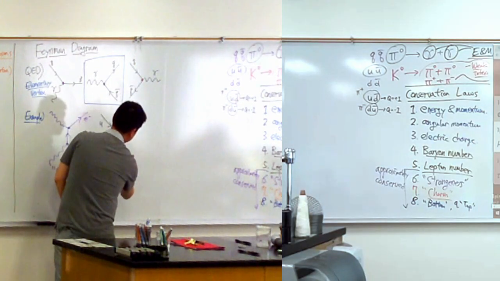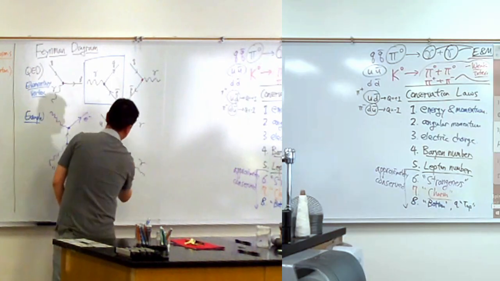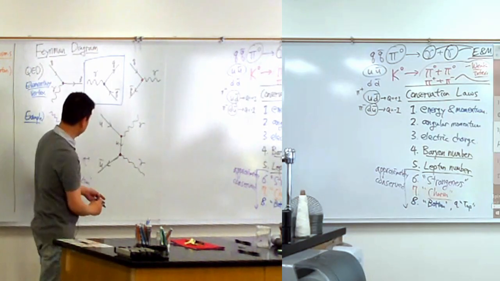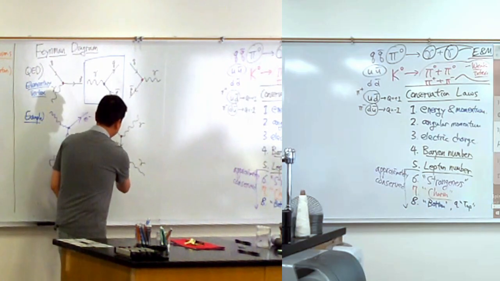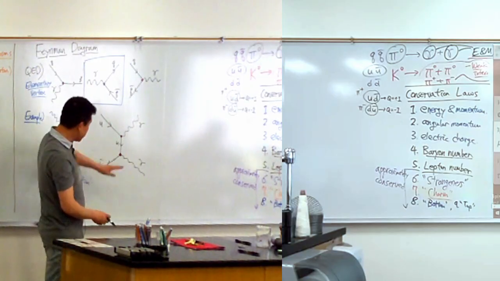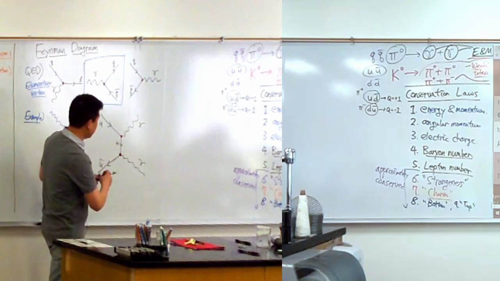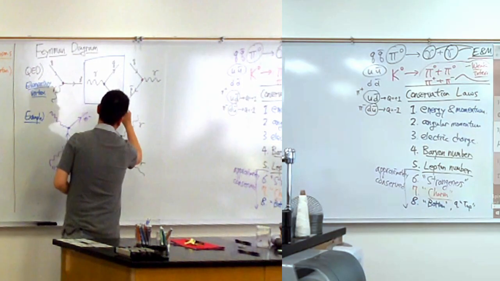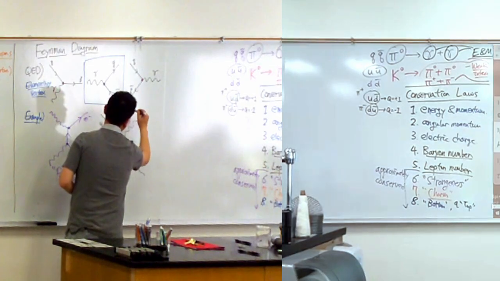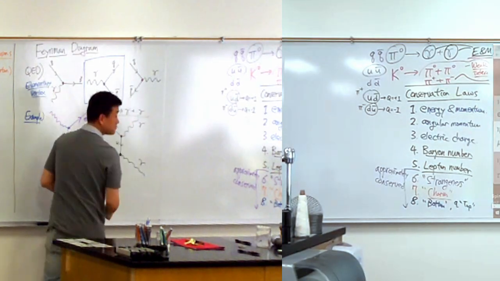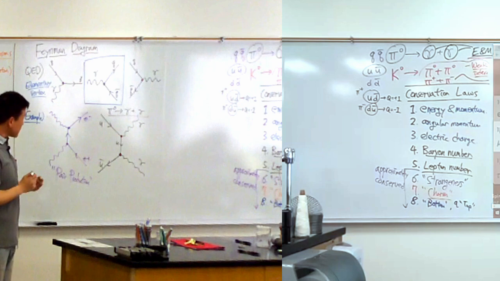It also emits a photon again, and the time sense is a little bit reversed. But this is the Feynman diagram that illustrates the decay process of the neutral pion into 2 photons. So that's the basic principle.